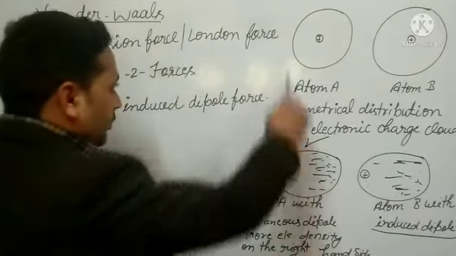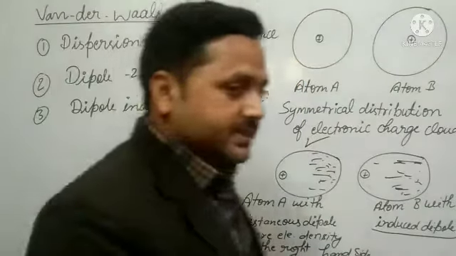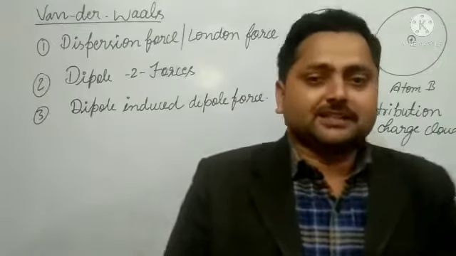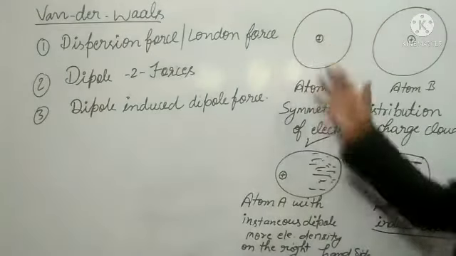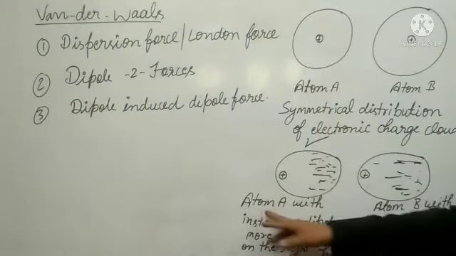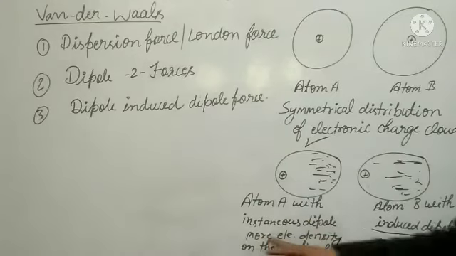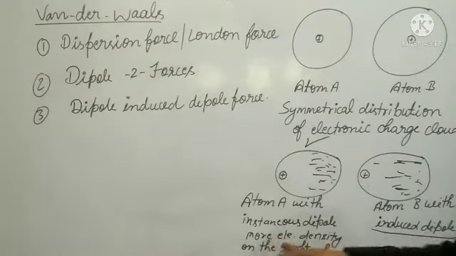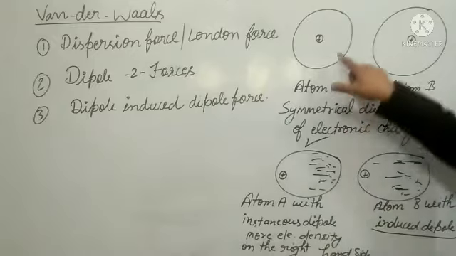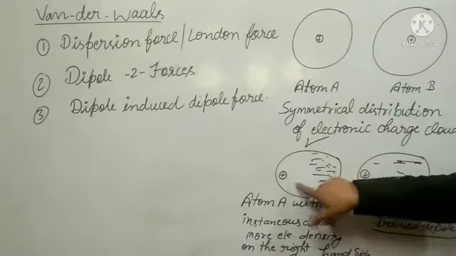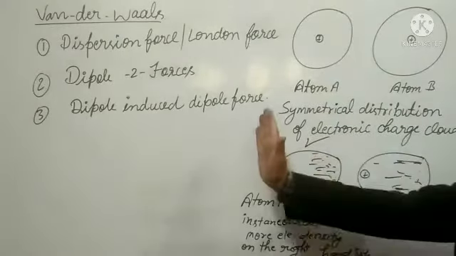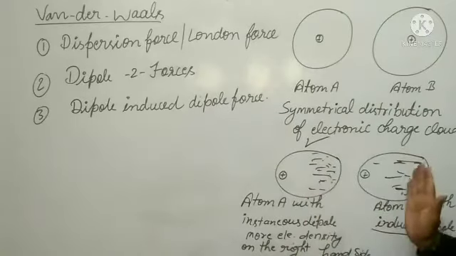And just you see one more time, students please listen here. Here is an atom, atom A with an instantaneous dipole moment. This is symmetrical, but now it is unsymmetrical, because the charge has moved to that side and this charge has moved to this side.